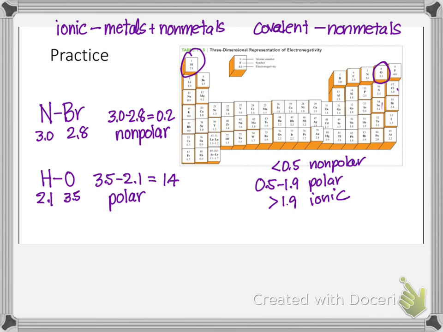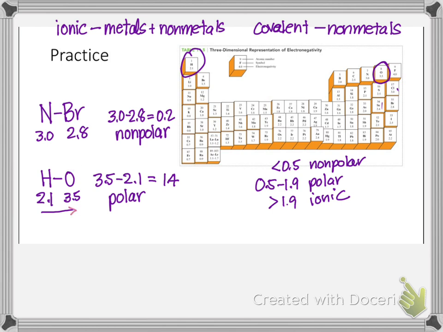Now, I will tell you, when I ask you about polar bonds, I always ask you to draw which side is negative and which side is positive, the little deltas. So remember, the electrons always go toward the higher one. So the negative would always be the higher one. So in this case, you would have a negative over the oxygen. Ooh, my delta did not work very well.